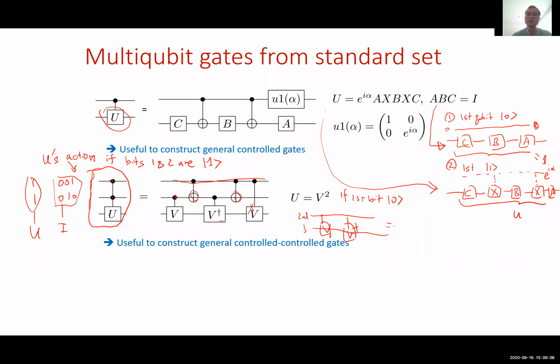So this is identity. It's control V and its dagger. So unitary matrix V V dagger is identity.